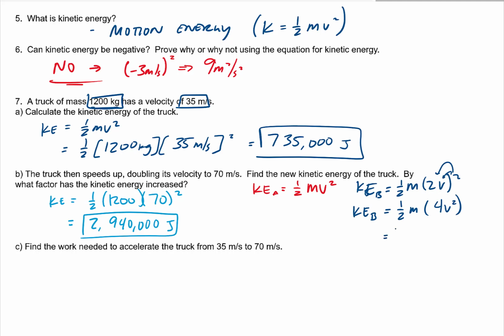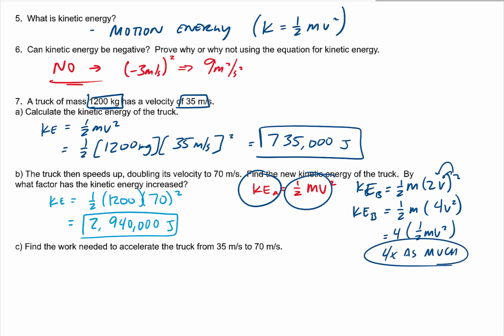And so that gives me 4 times 1/2 mv squared. I know that 1/2 mv squared is equal to the initial kinetic energy, so I have 4 times as much kinetic energy when we double the speed. That's what happens when things are squared.